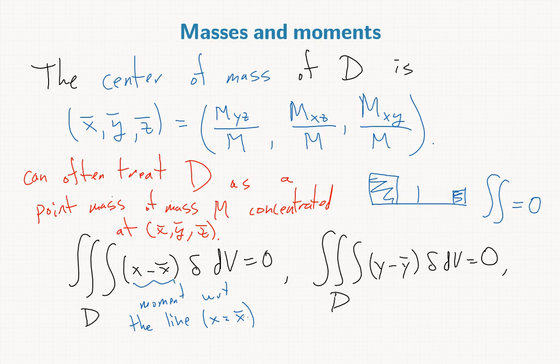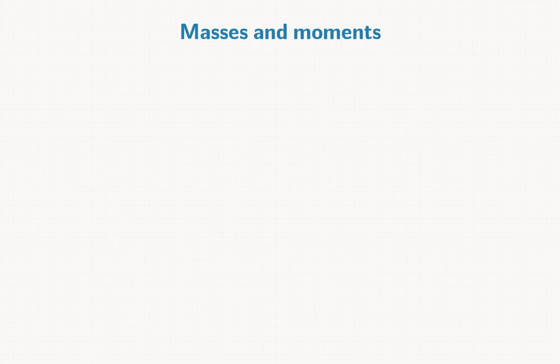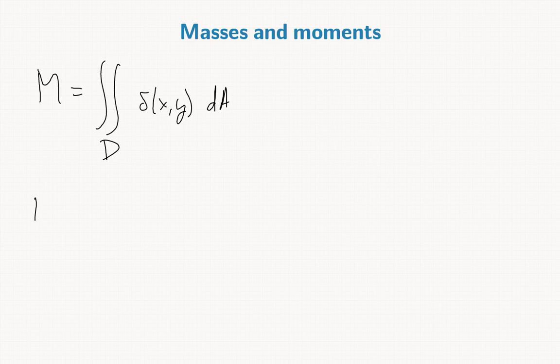Okay. So right, I said for 2D regions, we can write those down explicitly. So for 2D regions, m would be the integral over D of delta(x,y) dA, the moment with respect to the y-axis is the integral of x delta(x,y) dA.